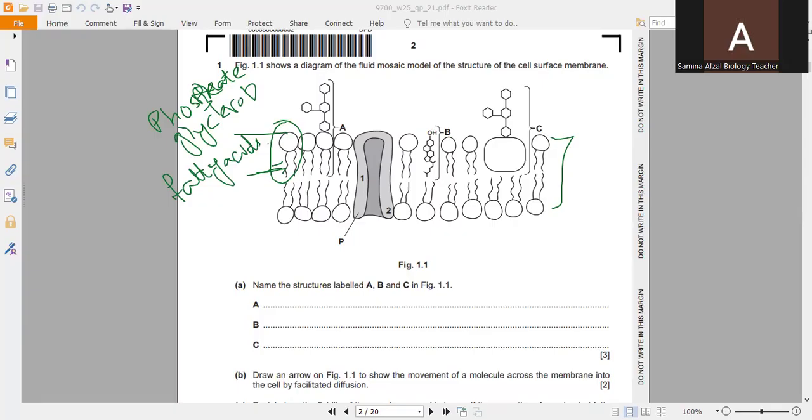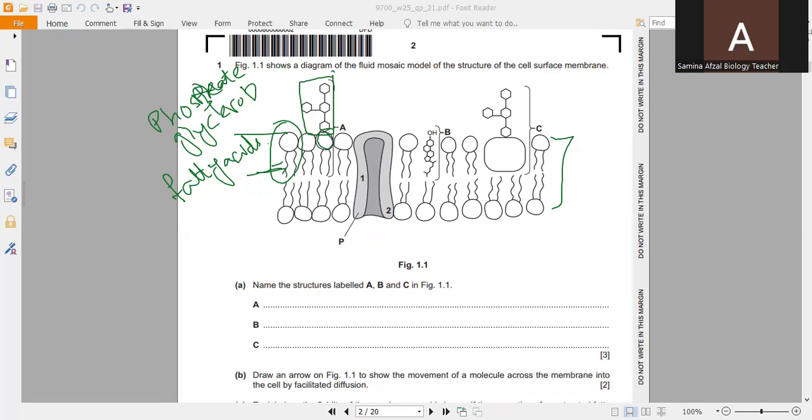So we have to label the parts A, B, and C. First of all, you can see A. A is a carbohydrate. You can see the 6 carbon over there. So this is the carbohydrate molecule, attached on the round head of the phospholipid.